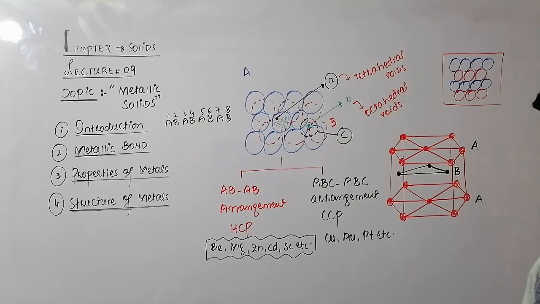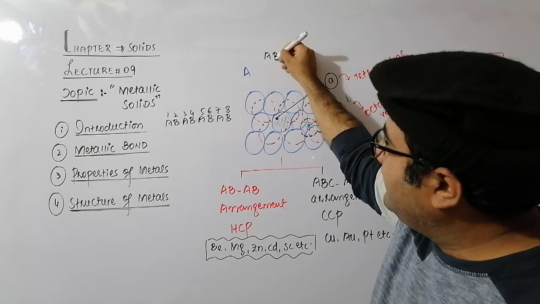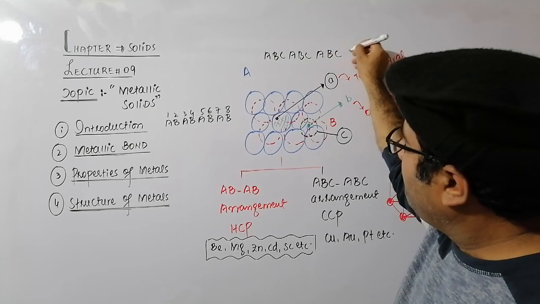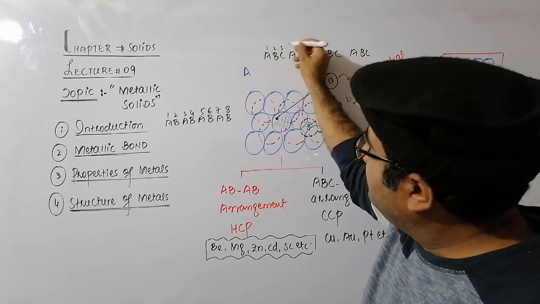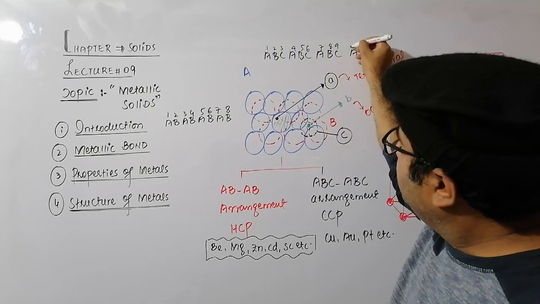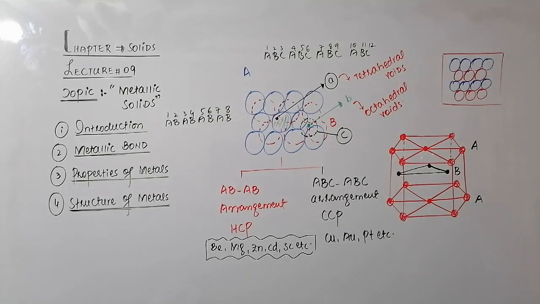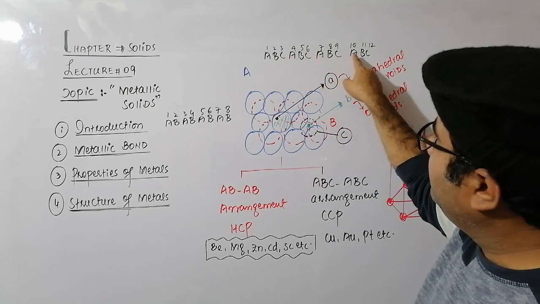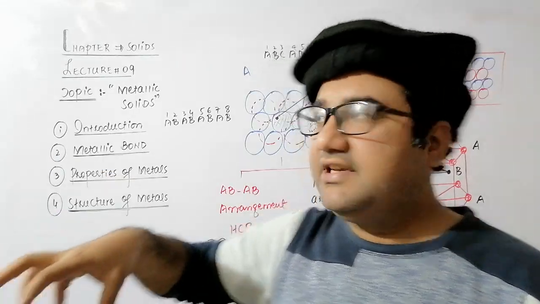Now, in case of ABC layers, which layers will be lying exactly over each other? So, first, second, third, fourth, fifth, sixth. Now, look at this. The first layer, fourth, seventh, 10th, then 13, and so on, will be lying exactly over each other.